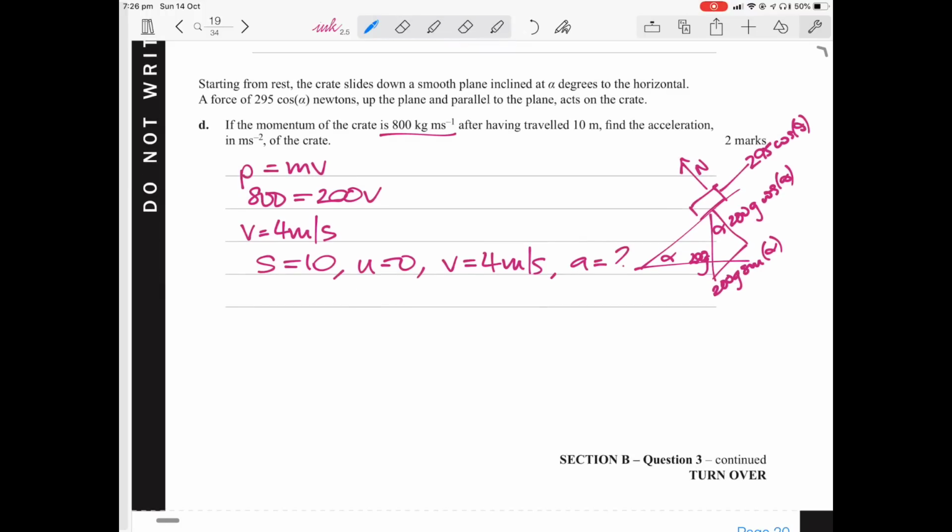Okay, so v squared equals u squared plus 2as. So 16 equals 0 squared plus 2 times s, which is 20a. So a equals 16 on 20, which is 4 on 5 meters per second squared.